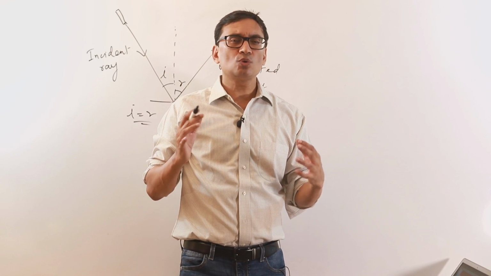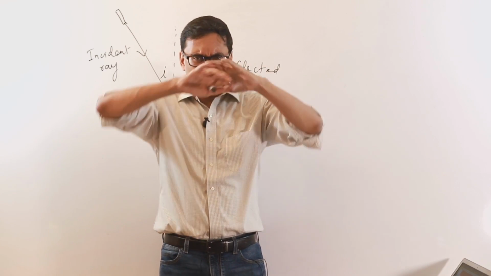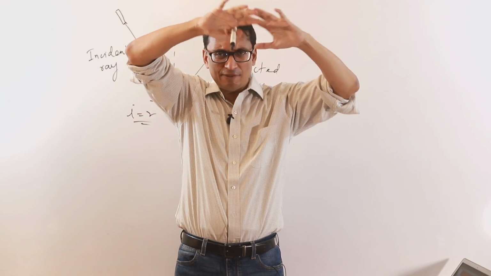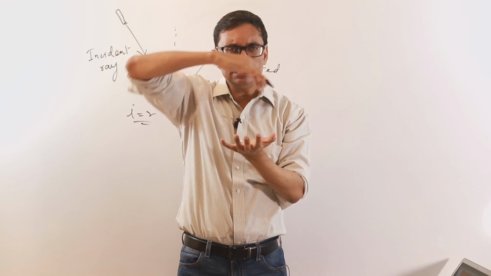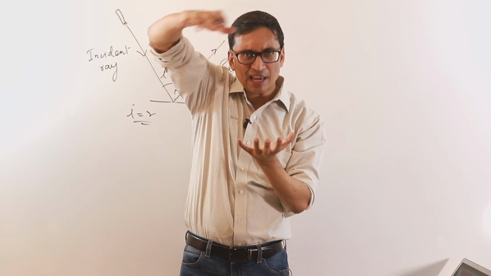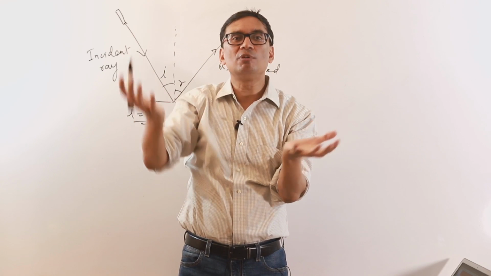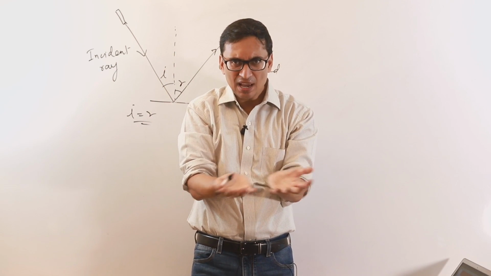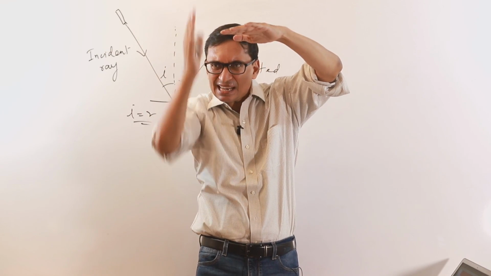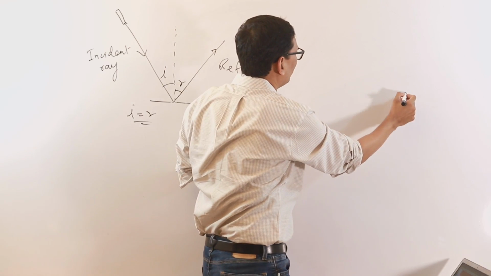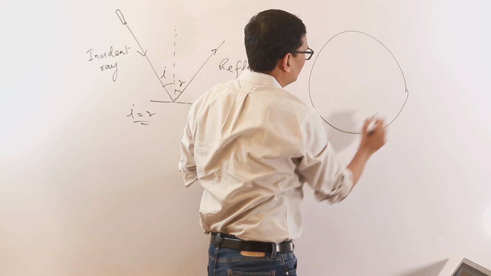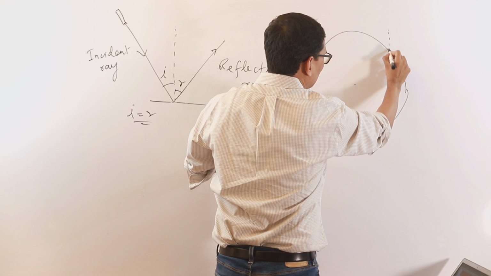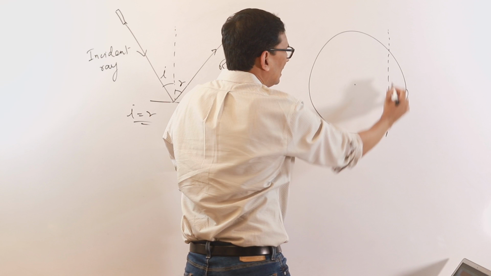One thing I can do is, let us say I have a football. Think in your mind, just visualize this. I have a football, and the inside of the football is coated with silver. Now I take a knife and slice it like this, and this is the surface which is reflecting.